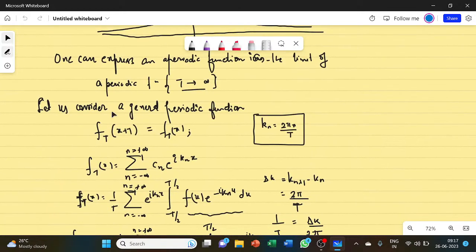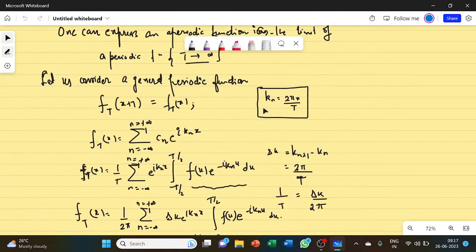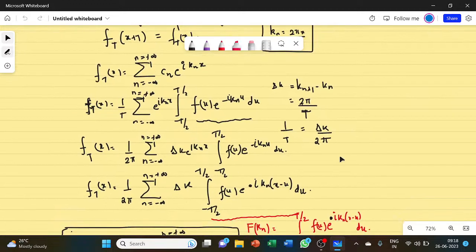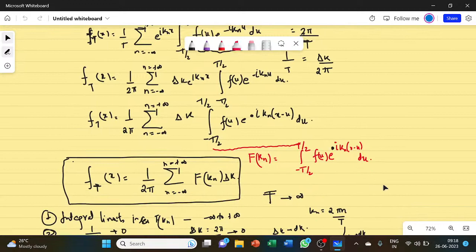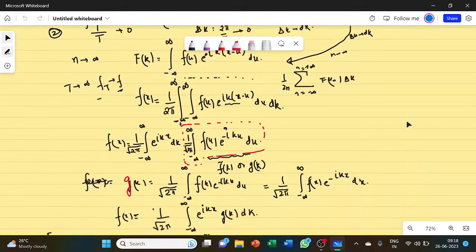We started with a periodic function with period T, and then we let this T tend to infinity, and we wrote that k_n is simply 2 pi n upon T. This f(x) is written as a linear combination of complex exponentials. This is nothing but the Fourier series, and eventually as T tends to infinity, this summation turned into an integral, and this integral is called your Fourier transform.